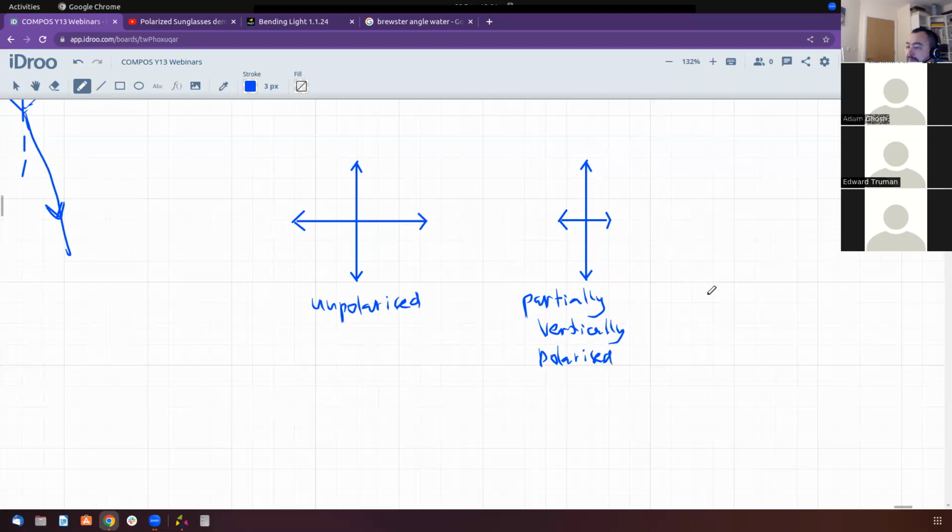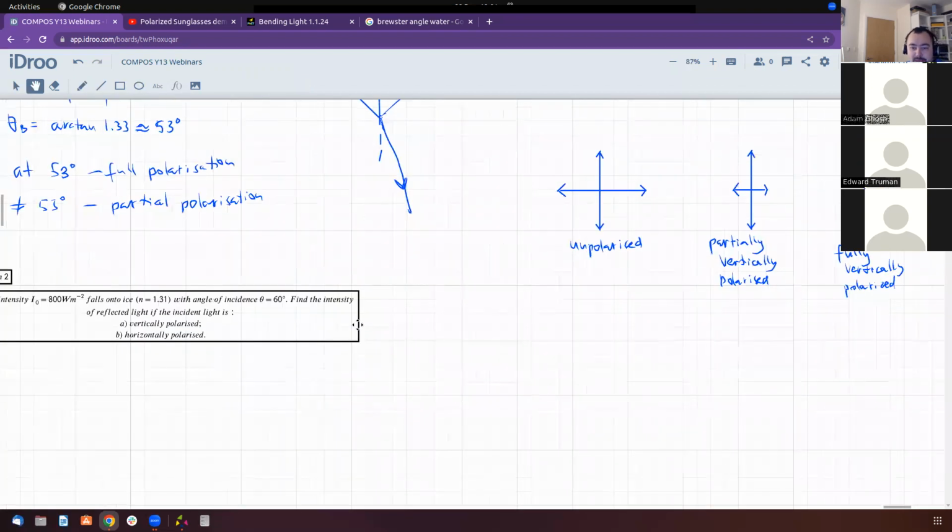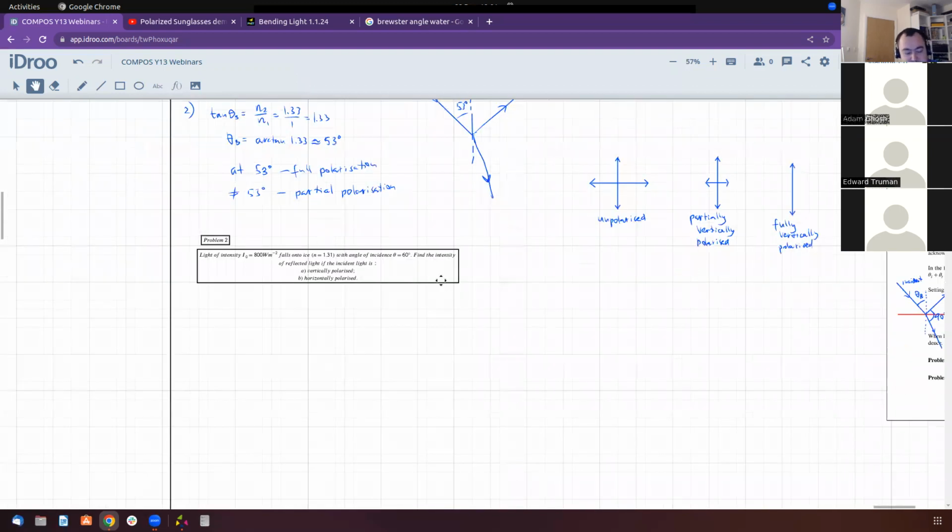Does that make sense? And this would be fully vertically polarized. Okay, so you have a more pronounced vertical component. That means it's partially polarized.